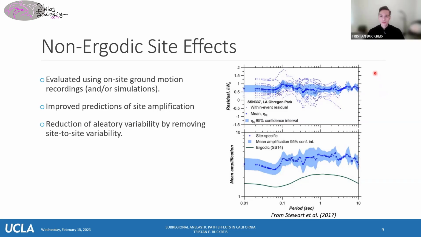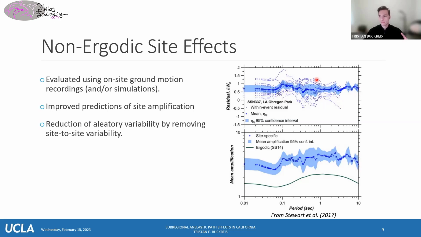Okay, so this top plot on the right shows residuals versus period. Each period you can think of as a different intensity measure. The smaller dots are within-event residuals calculated for each earthquake. The reason they're within-event is because we subtract not only the prediction, but also any event-specific bias.